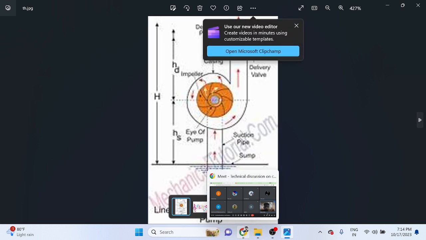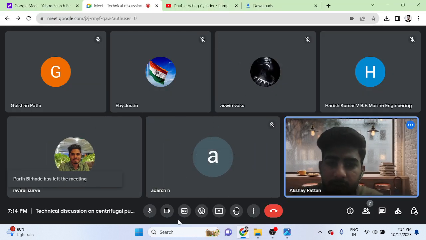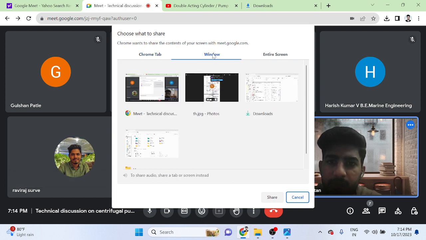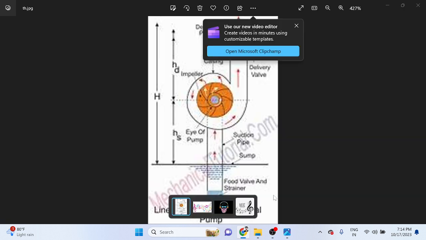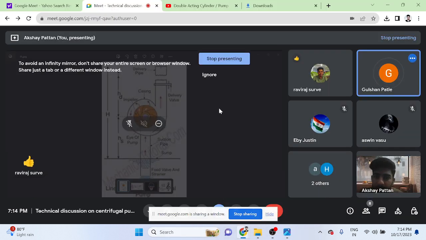Is this visible, guys? Is the diagram of centrifugal pump visible? Yes. Okay.